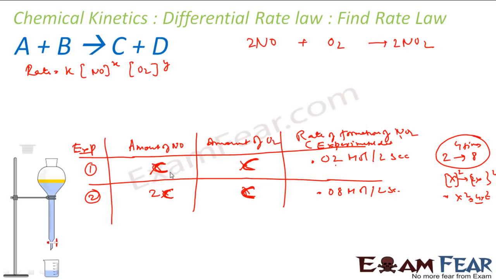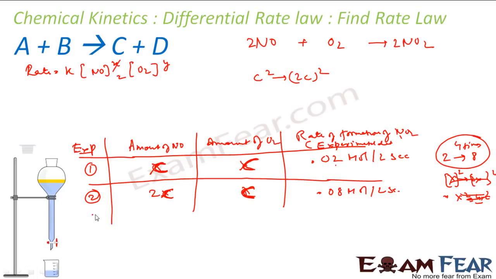Here we have seen that C became 2C, but the rate became 4 times. That means it has to be in the square form. C squared to 2C squared is nothing but 4C squared, right? So that means 4 times, and that's what is happening. That means x has to be 2.